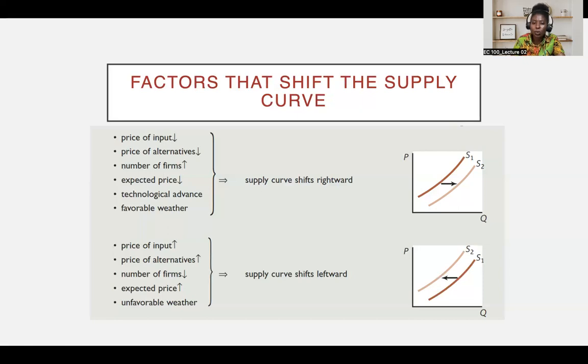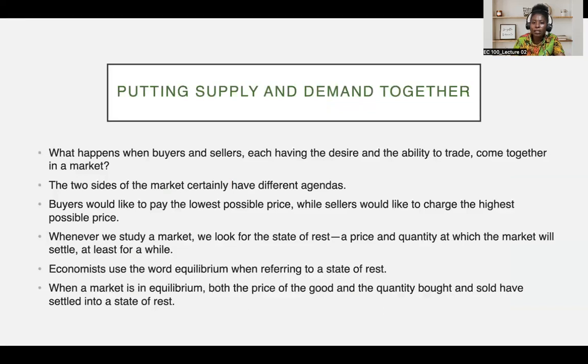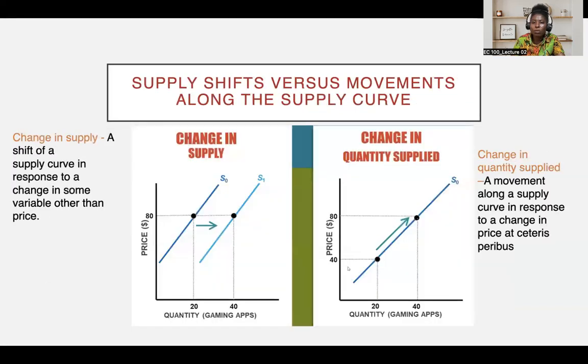So if I ask you a question, let's say, what happens to the supply curve when there are more firms that produce that commodity, when there's an increase of firms producing the same commodity? So let's say you had 500 firms producing a certain commodity, and now you have 1,500.